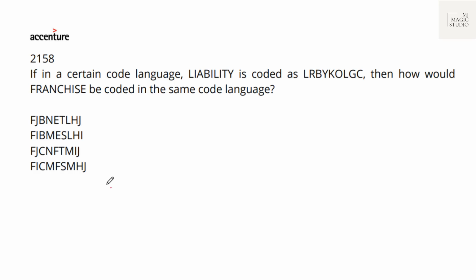Okay, one more from coding, decoding, and why I pick this up is that there is one more way to code letters.